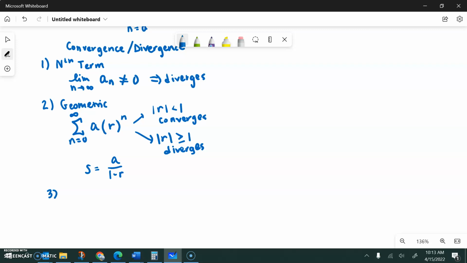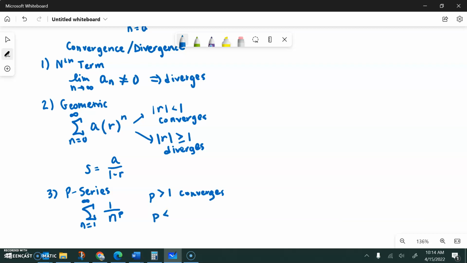Another special kind of series that is a useful one to know about is a p-series. A p-series is one that looks like the sum of 1 over n to the power of p. That series converges if p is greater than 1, because our terms are getting small fast enough for that to converge.